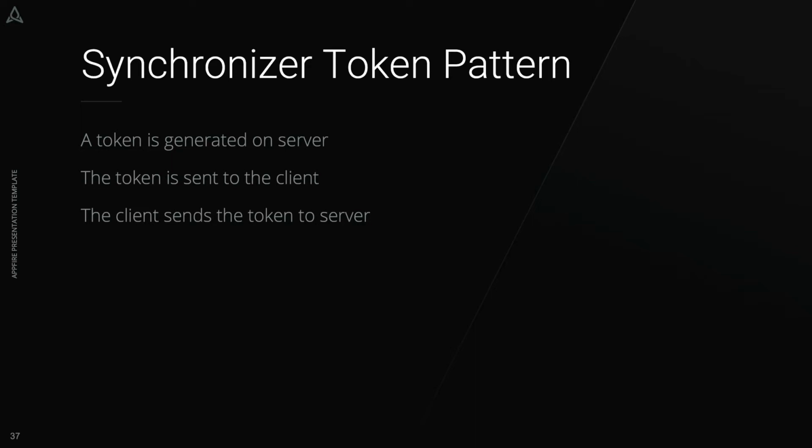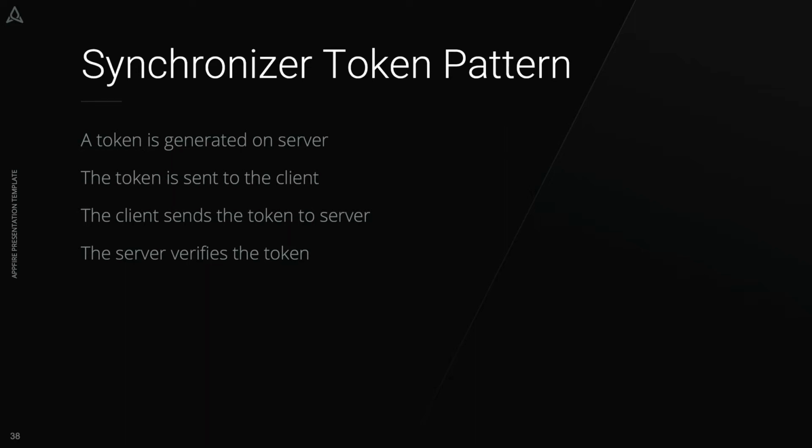Then when the client pushes the save button, for example, or whatever action the client performs, this token should be sent to the server. And then the server should verify the token which was received from the client against the one the server has. If the token is correct, then you can perform the action. If not, then the action will be refused.